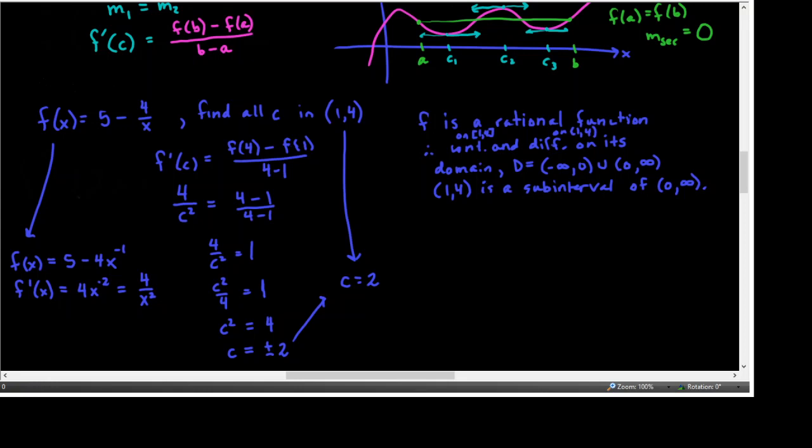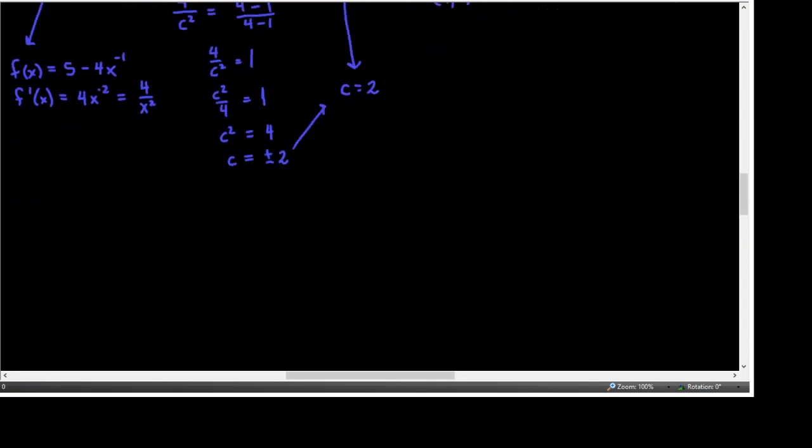One last thing in this section that I want to talk about. A useful alternative form of the mean value theorem is if f is continuous on closed a, b, so this is an alternative form of the mean value theorem. So it's just a different form.